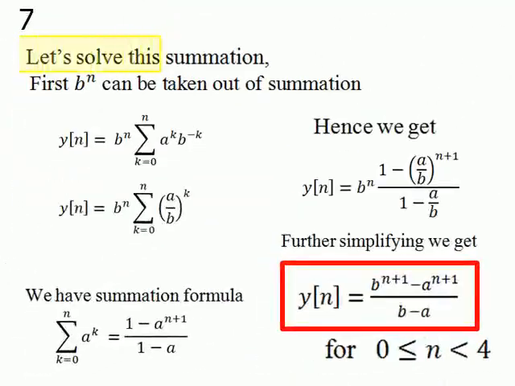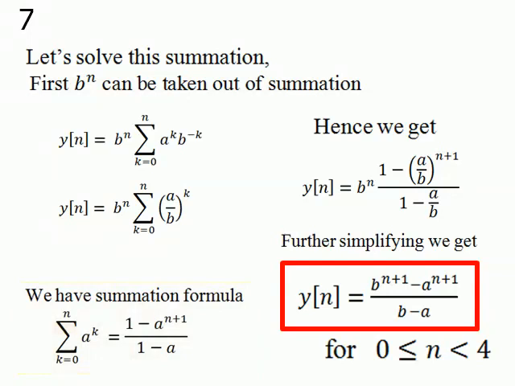Let's solve this summation. First, b raised to n can be taken out of the summation as it's a constant. So y of n is equal to b raised to n summation of a raised to k b raised to minus k for k 0 to n, which can be written as b raised to n summation k 0 to n of a by b whole raised to k. For this we know a summation formula, summation of a raised to k for k 0 to n is equal to 1 minus a raised to n plus 1 by 1 minus a.